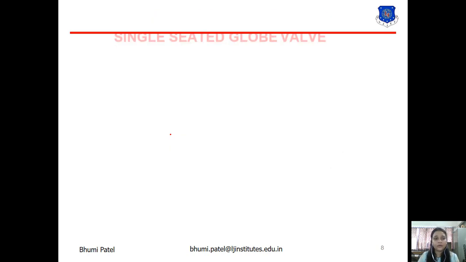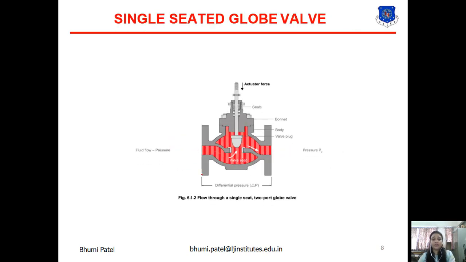Okay. Now this is the flow of the single seated valve. Here you can see that the actuator is connected. Between the actuator and bonnet, one seal is connected. This is the valve body, this is the valve plug, and this is the fluid flow pressure P1, and this is the pressure P2.